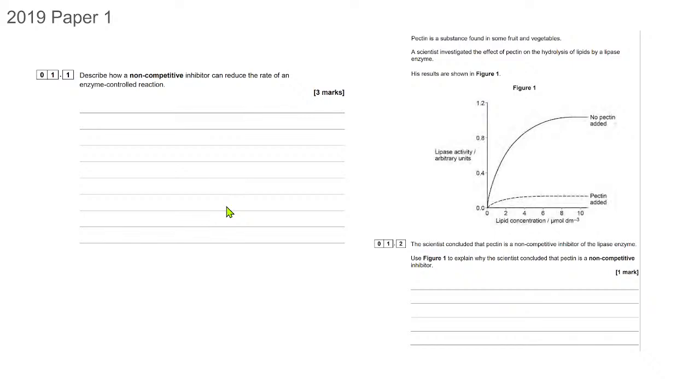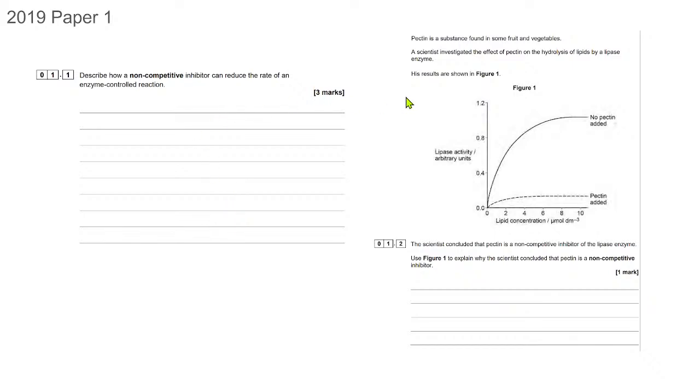So this is the idea of the inhibitor binding to your allosteric site or another site on the enzyme, changing the shape of the enzyme, changing the shape of the active site of the enzyme, meaning it can't form your enzyme substrate complexes, so it can't act as your catalyst to your reaction.